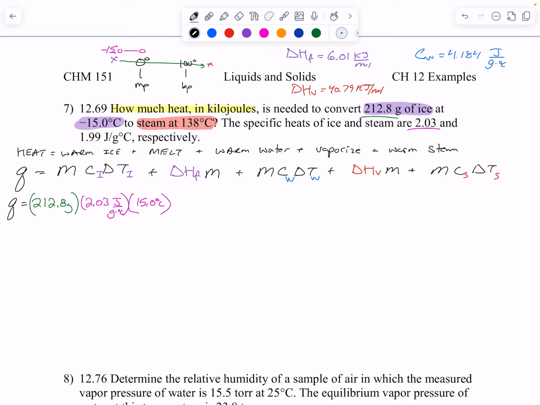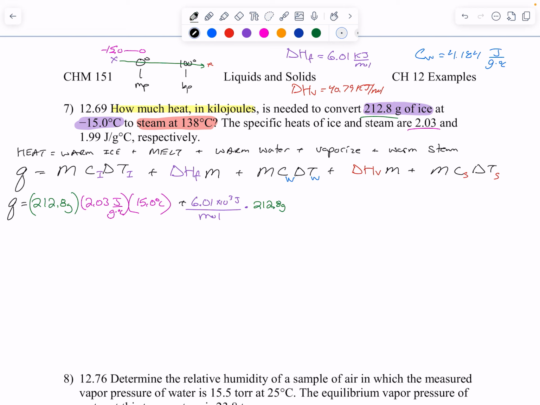Plus, now for this, I have 6.01. I'm in kilojoules, so I'm going to make it times 10 to the third joules per mole, multiplied by 212.8 grams.